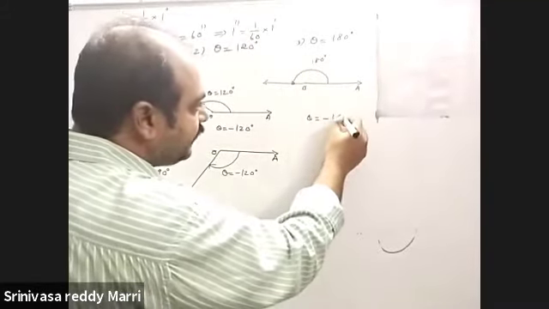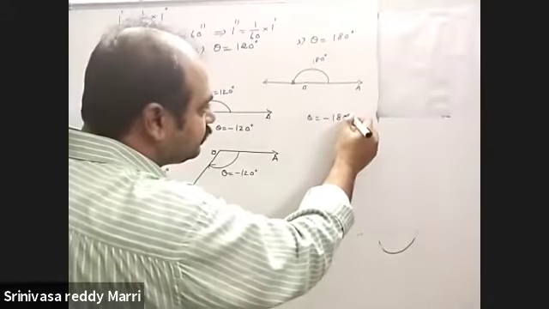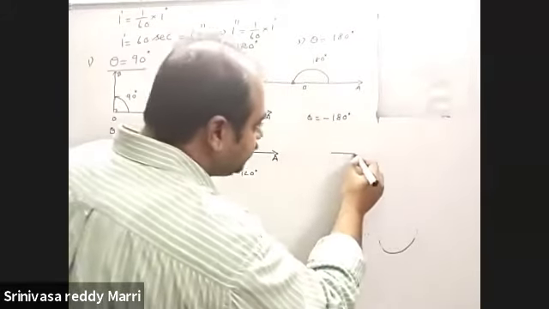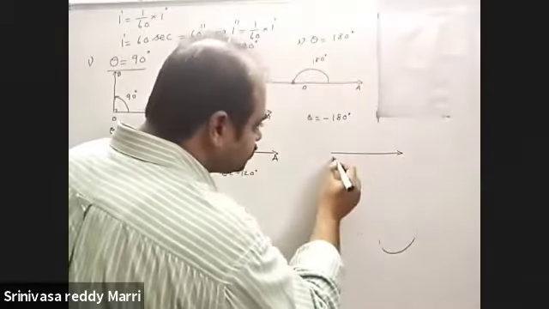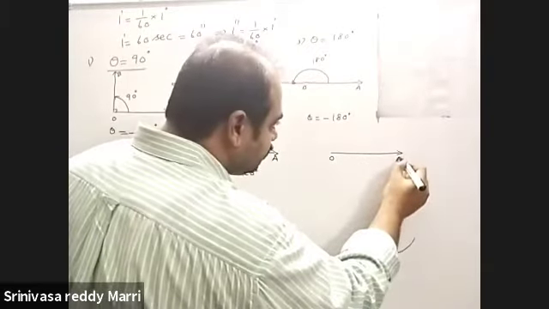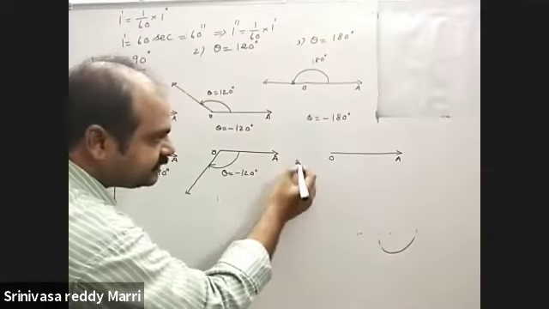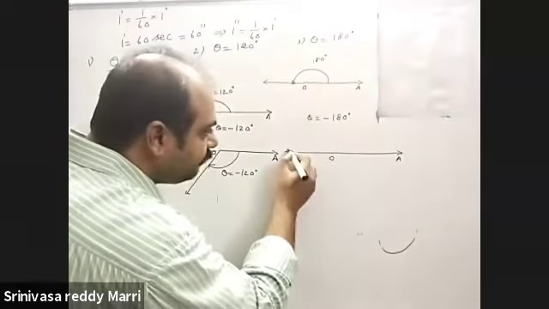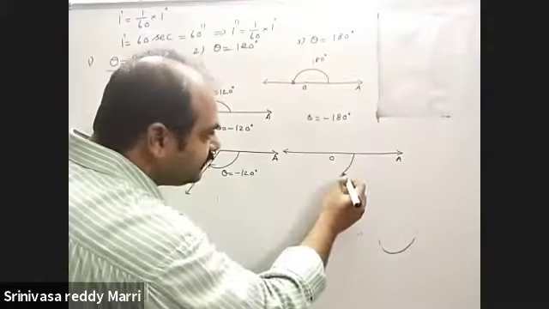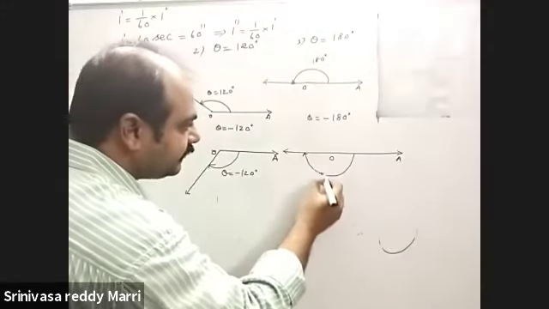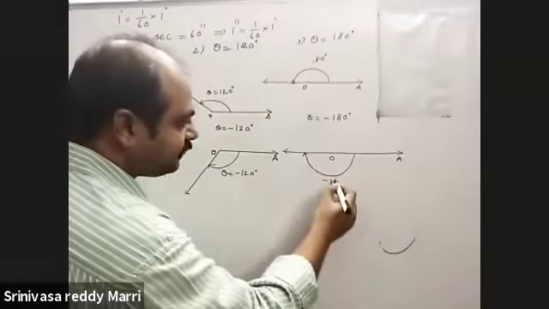Suppose minus 180 degree. So this is OA. Now from here minus 180 degree means the same ray will come, but measured in the clockwise direction. Same ray like this only.